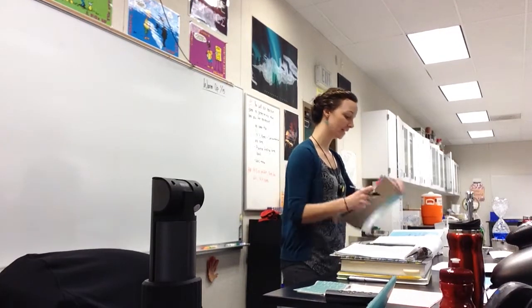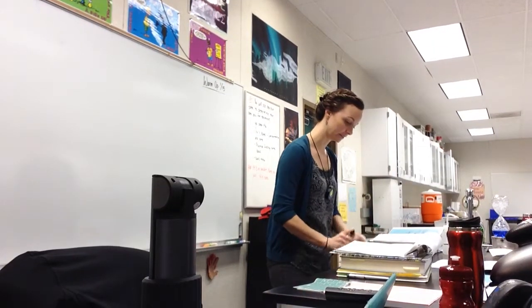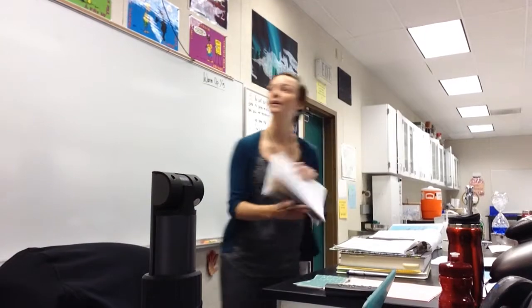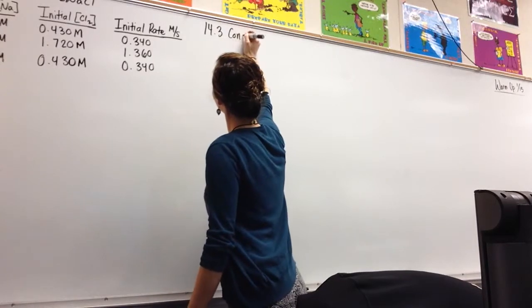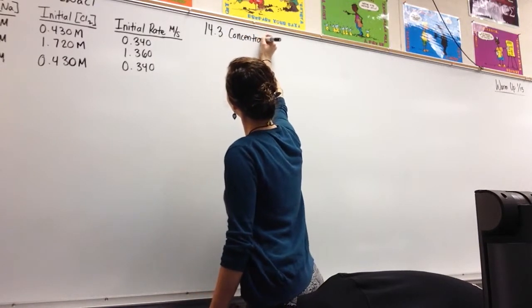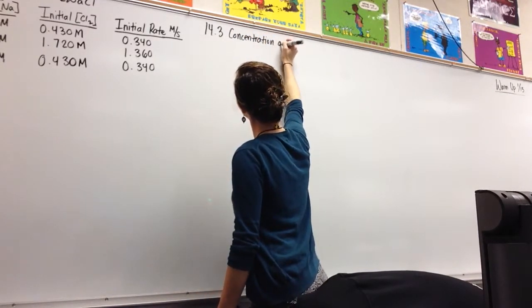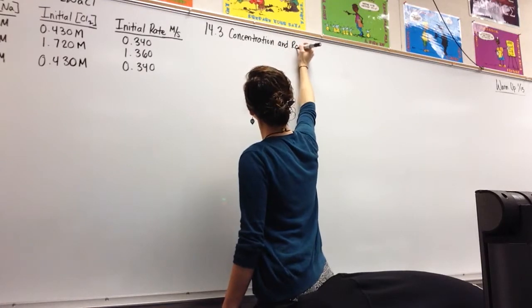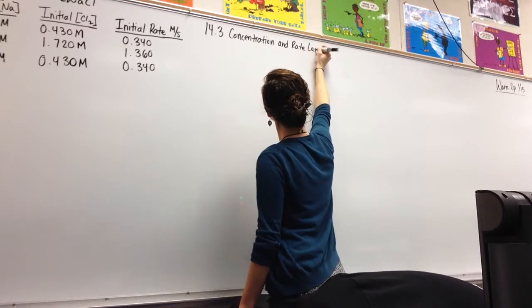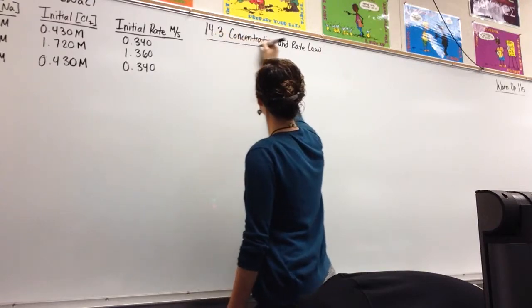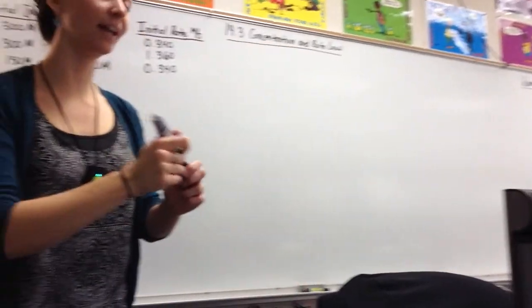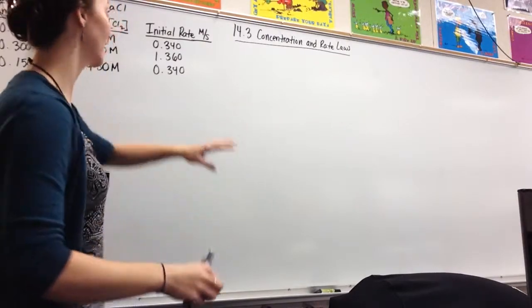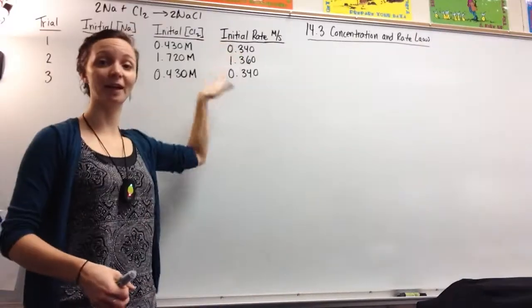All right, guys, so 14.3 is what we're going to cover today. We covered 14.1 and 14.2 yesterday. Just to put this into a framework, yesterday we spent the whole day on calculating the rates of reactions.